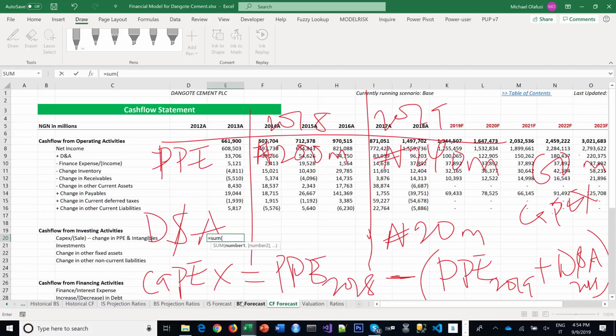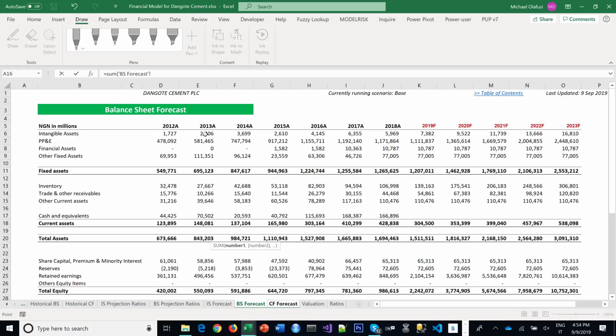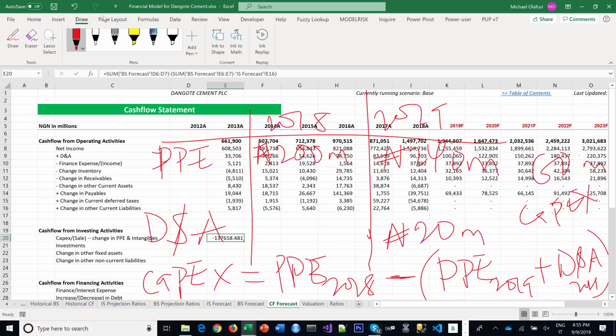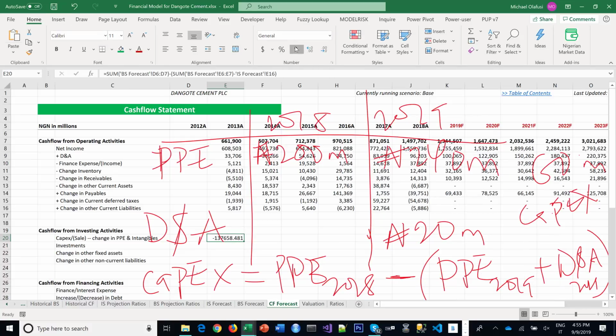So the summation of these two in the year before minus the summation of those two now in this year, but then we have to add the D&A. I said add and I put minus. It's deliberate because the figure of D&A is already in negative here, so I need to take out the negative. That's why. So this will correctly get me whatever capital expenditure was made.